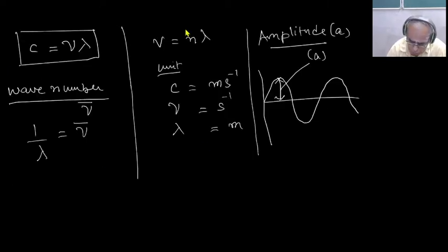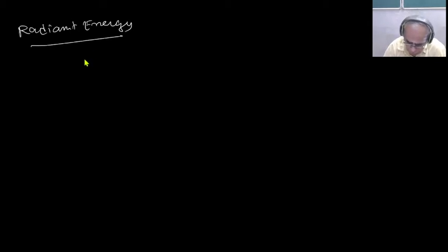Now, what is radiant energy? Let me talk about that. Radiant energy is the energy transmitted from one body to another in the form of radiation. In fact, the decreasing order of radiant energy can be represented like this.